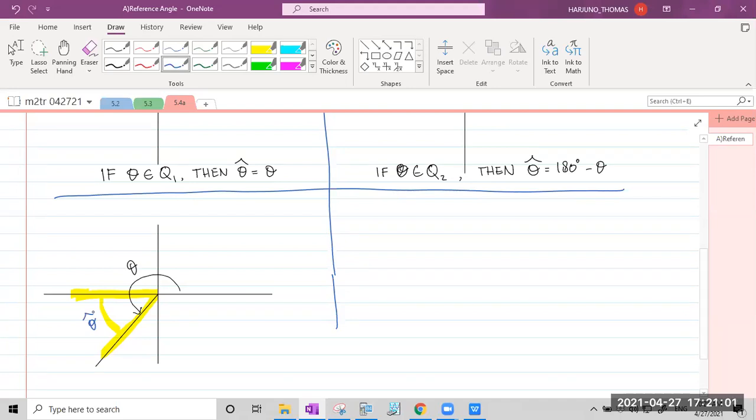In quadrant 3, theta is between 180 degrees and 270 degrees. It's more than 180 degrees, right?